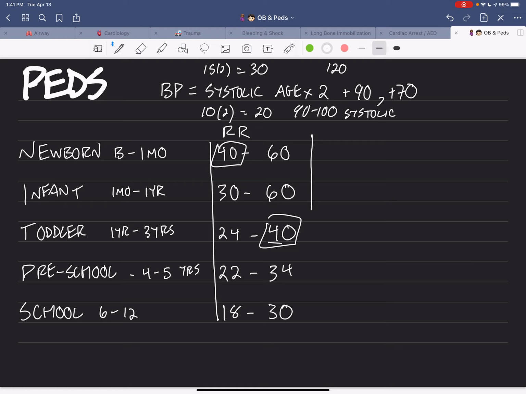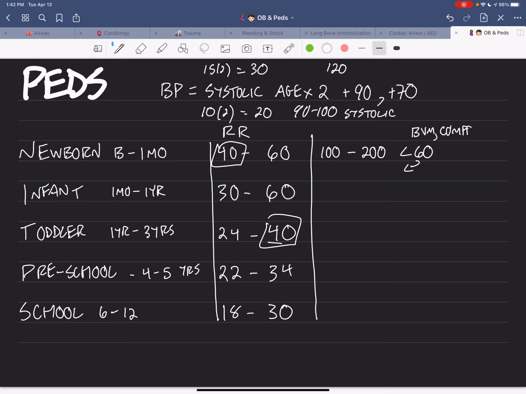In terms of heart rate, here's the important thing you want to know. When you have a newborn, the heart rate's going to be like 100 to 200. That's healthy. When it's less than 60, you're going to do BVM, and then you're going to start compressions.